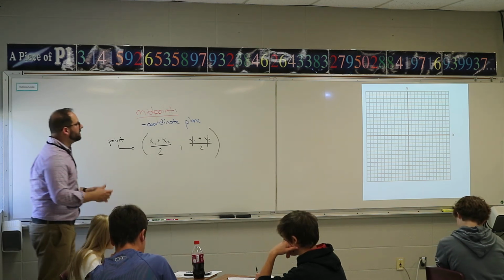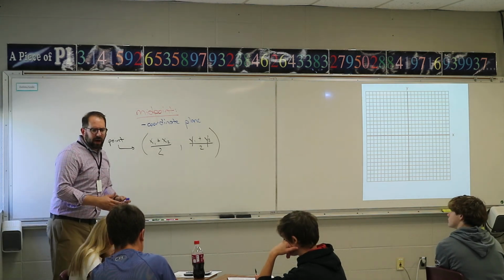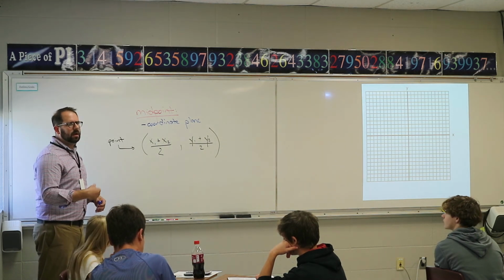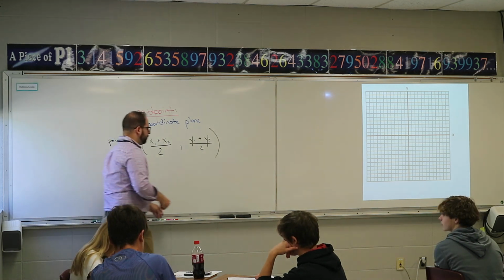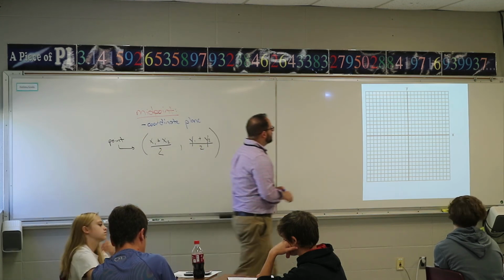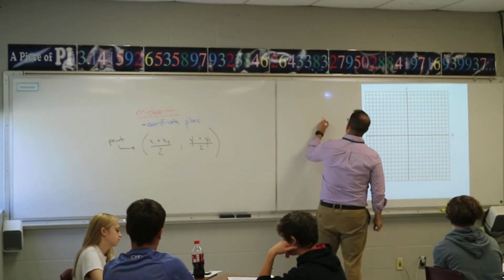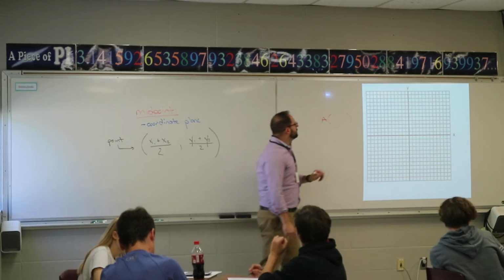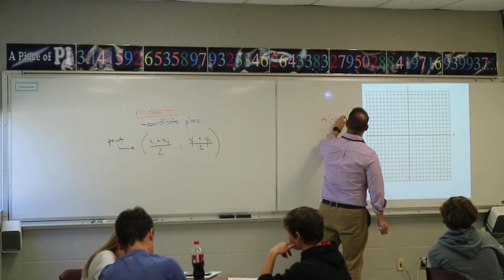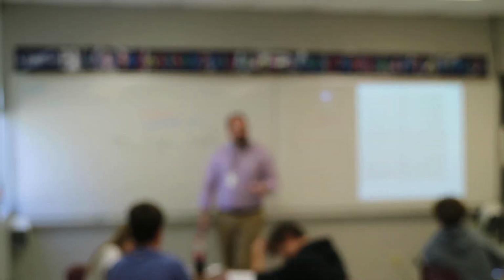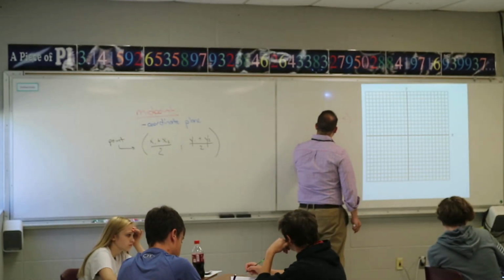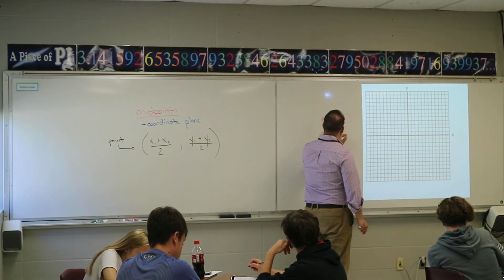Okay, let's draw something. If you have your graph paper, I would assume we're probably on the second graph if you actually drew one yesterday. If you're just starting, this would be your first. Let's put point A at -3, 4. And for point B, let's put this at 7, -2.